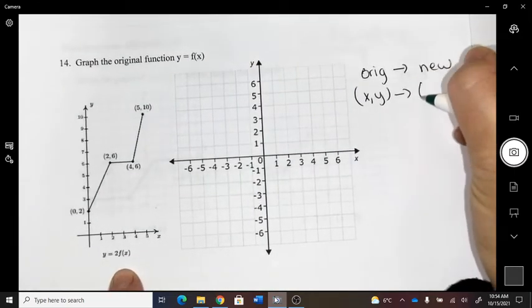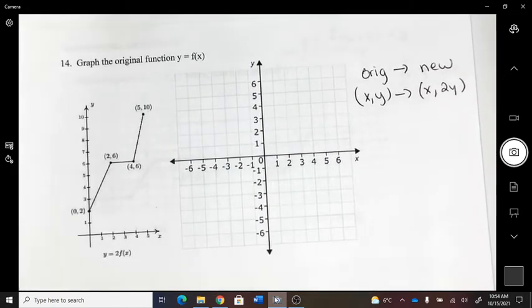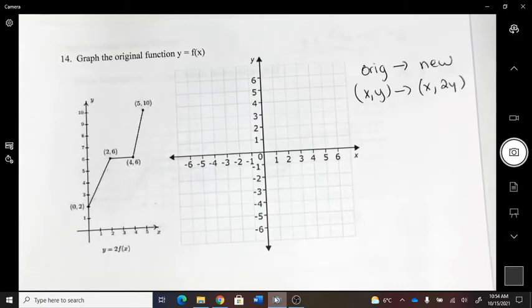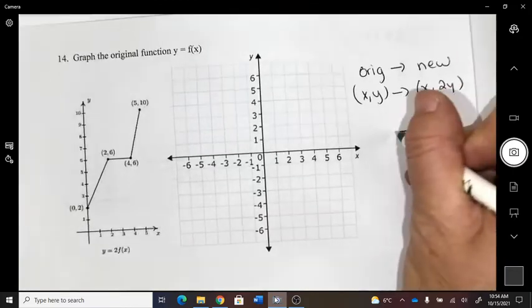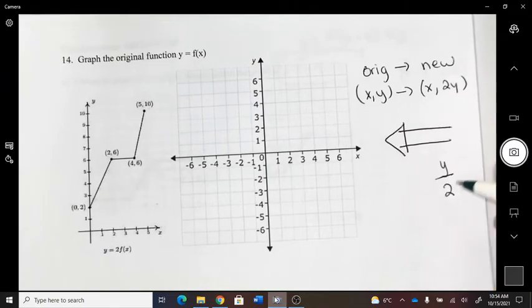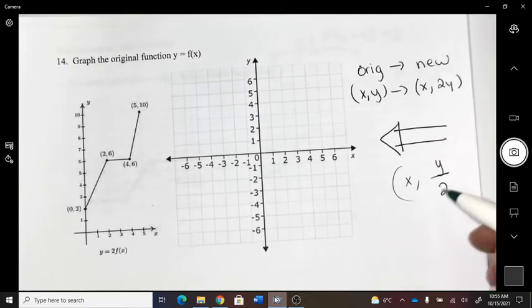We would have gone x to y. What are we going to do working backwards? The y's are going to get divided by 2 now. And the x's didn't change.